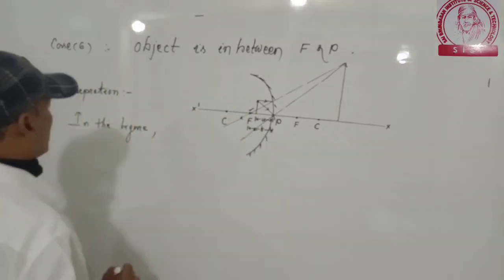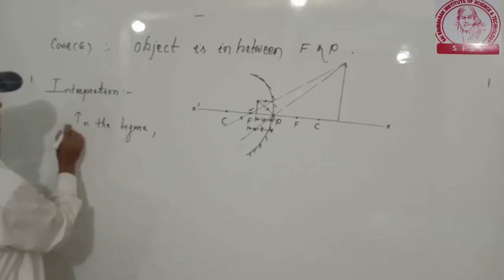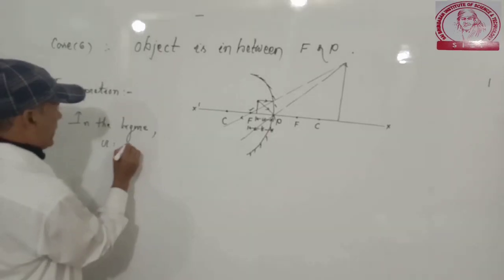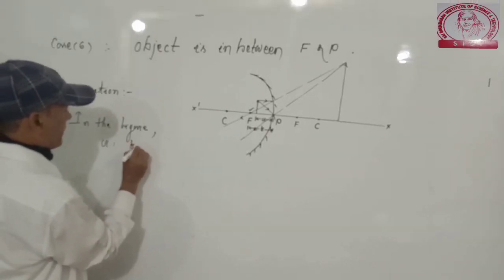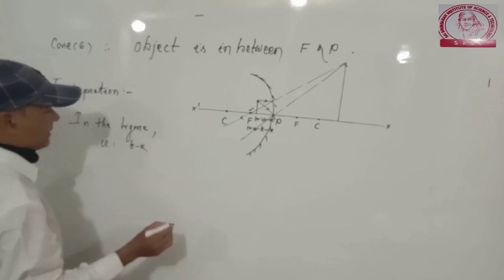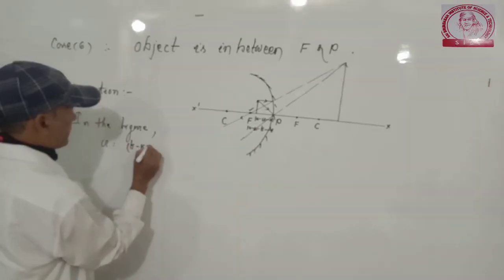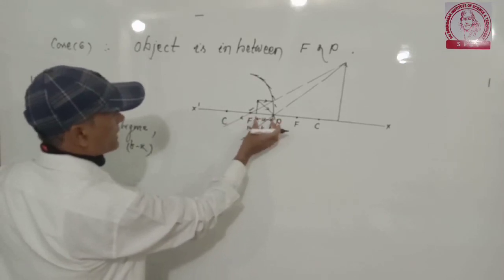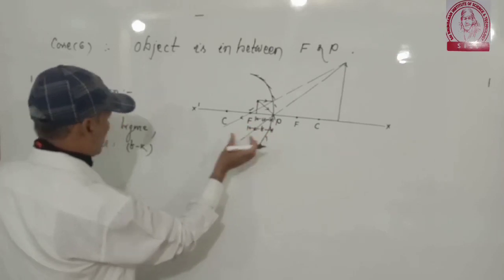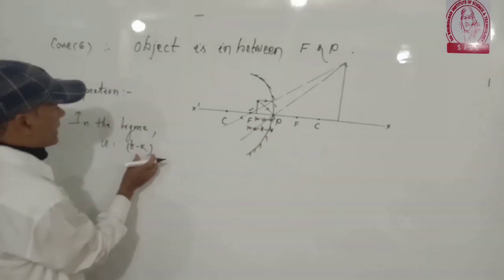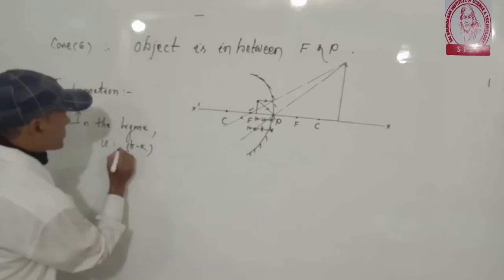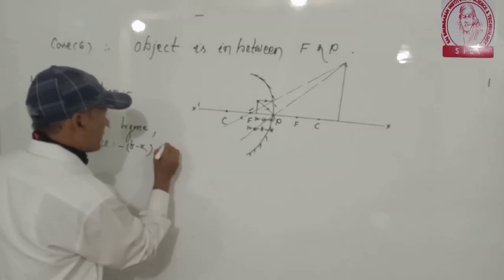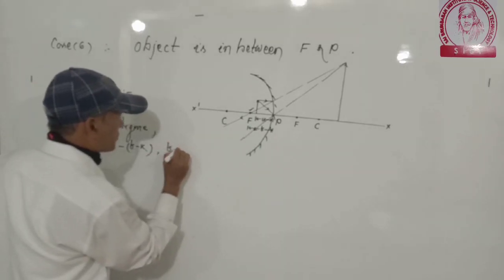So now, in the figure, u is equal to f minus k. K is a very small quantity. F minus k, because it is smaller than the focal length. The object distance is smaller than the focal length. So u is equal to f minus k, and it is taken on the negative side. So this is minus (f minus k), comma f is equal to negative.